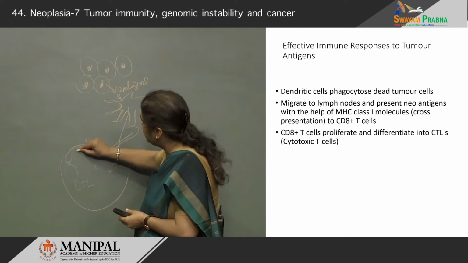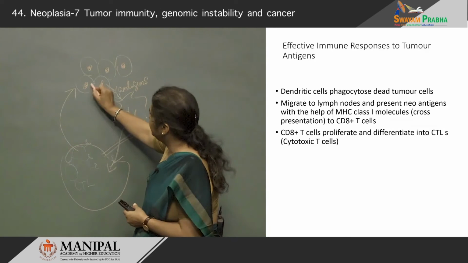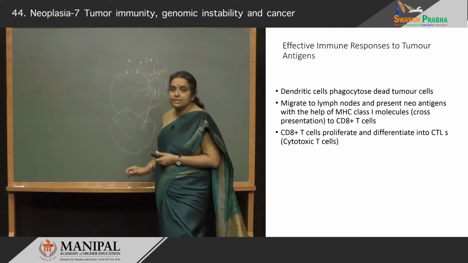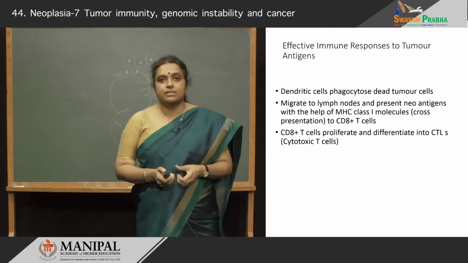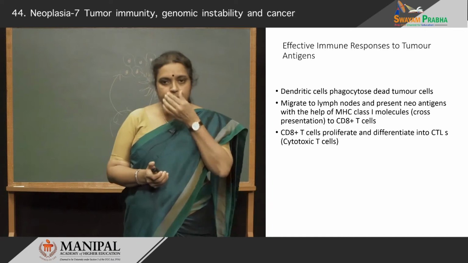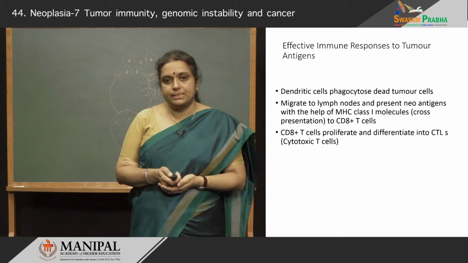And these CTLs then go back to the tumor and attack the tumor cells. So, this is a very highly specialized mechanism involving cytotoxic T cells, and they go back to the tumor, proliferate, differentiate and attack the tumor cells.